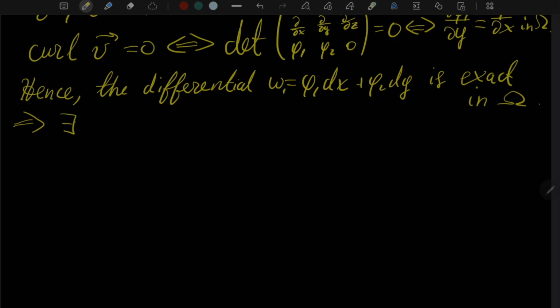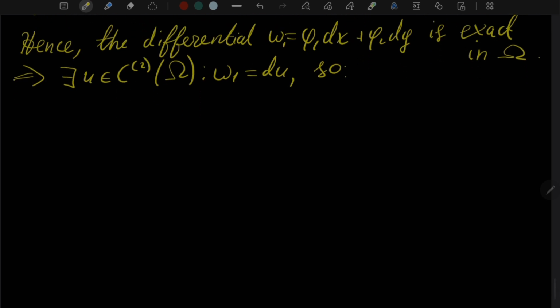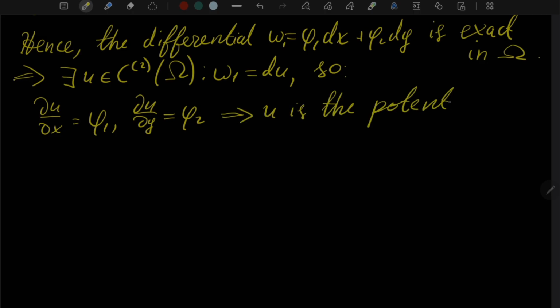So the partial derivatives of u are equal to our functions phi1 and phi2. And hence u is the potential of our vector field.